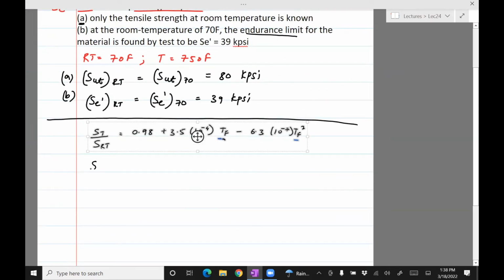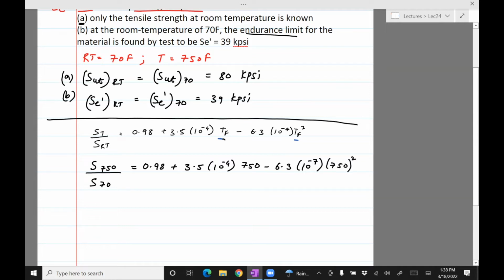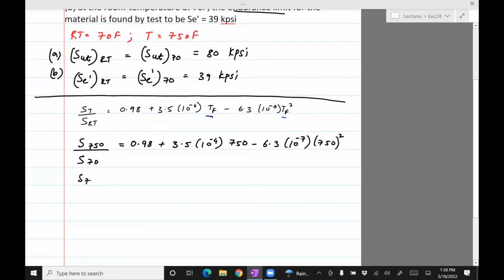Okay, so T is now 750. ST over SRT at 70 equals 0.98 plus 3.5 times 10 to the negative 4 times the temperature in Fahrenheit, 750, minus 6.3 times 10 to the negative 7 times 750 squared. So ST at 750 over ST at RT equals 0.89.